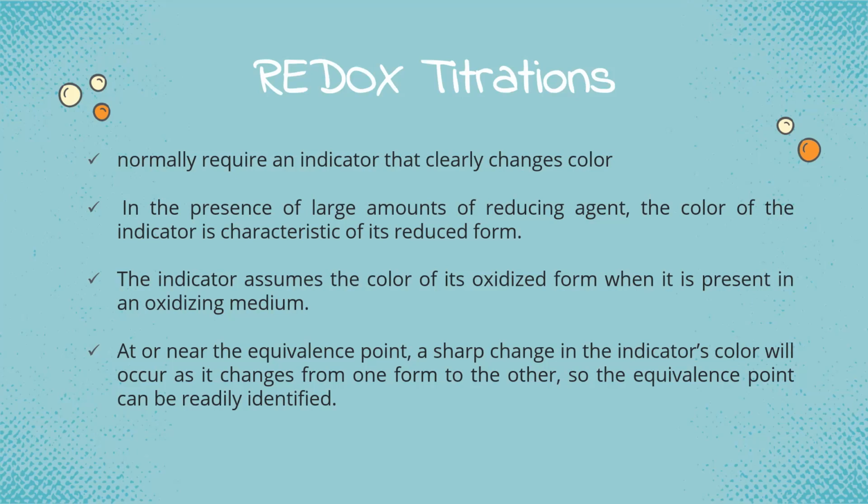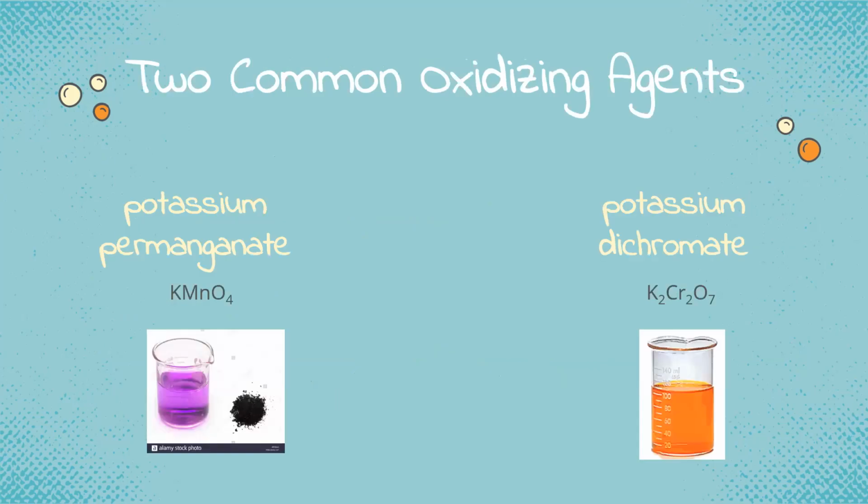Nag-iiba kasi yung color nila when they are oxidized or reduced. Depende kung anong nangyari sa kanila. So mag-a-assume sila ng color during the reaction. So, if ever mag-change na ng color during the titration, stop na yon, endpoint na yon siya. And that we can now approximate or estimate the equivalence point.